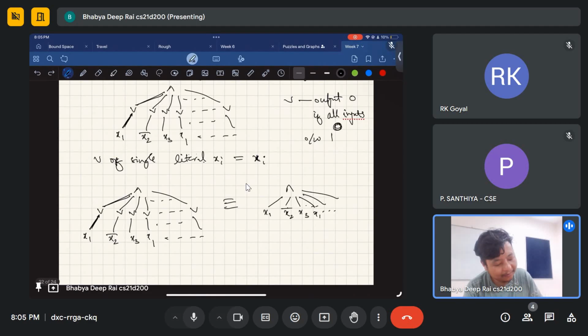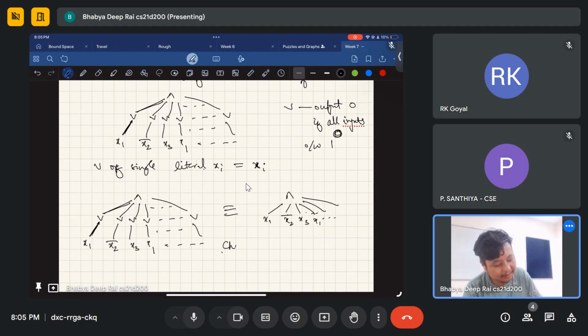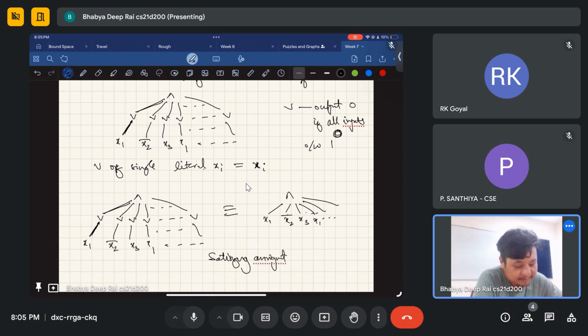And what do you do? Check. Now, what is the satisfying assignment? For the AND gate to output 1, all of these should be 1.